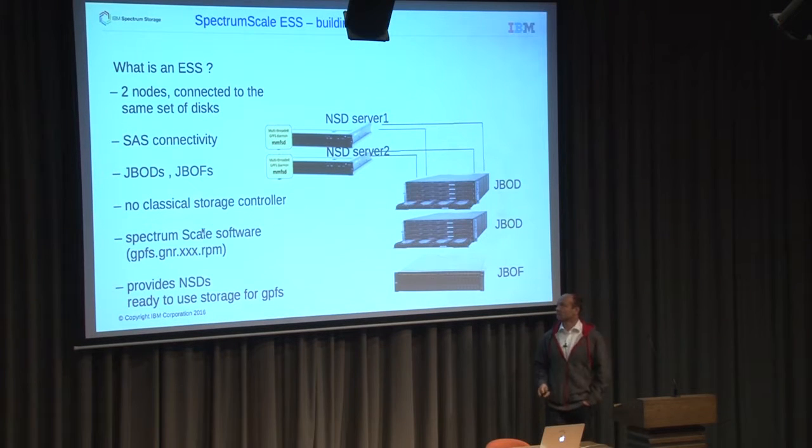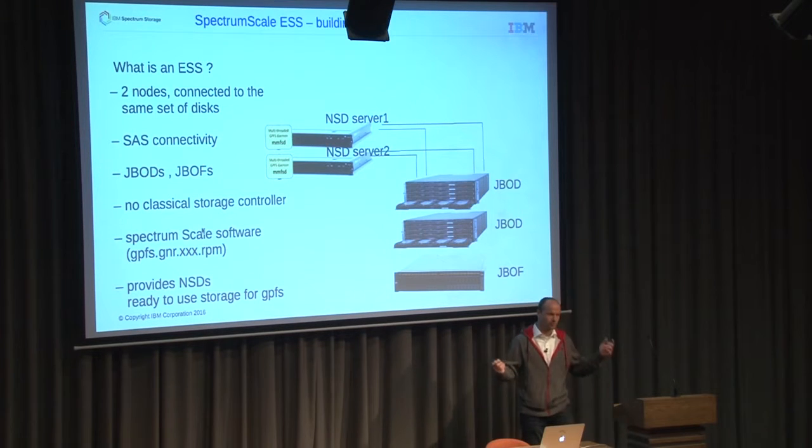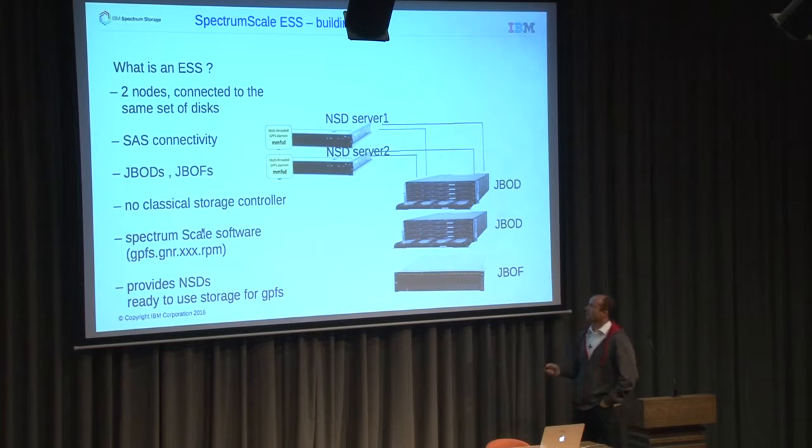More in detail, we have two servers running our code with MMFSD. That's Spectrum Scale, it's just an RPM, you can install it. That's real native software-defined storage, just another word for this. And it has access to the disk. These are just JBODs, or JBOF, just a bunch of flash or disks.